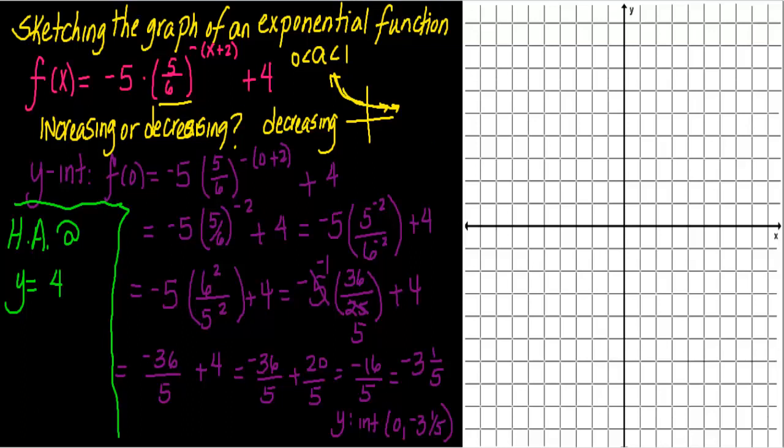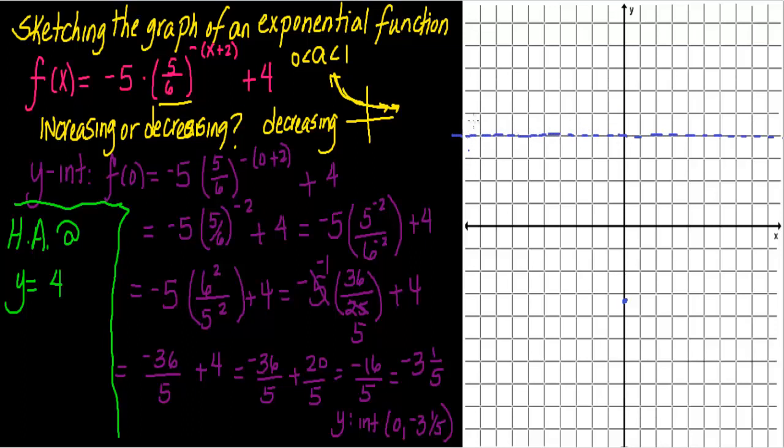Let's see. I'm going to plot my y-intercept, (0, negative 3 1/5). That means 1, 2, 3, and a little bit more, right about here. I'm going to sketch my horizontal asymptote at y = 4. 1, 2, 3, 4 right here. This is my horizontal asymptote. And I'm ready to sketch the graph.